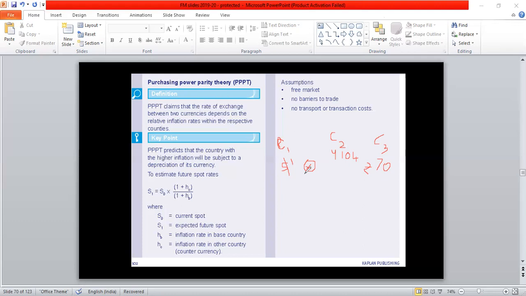exchange rate. Purchasing power parity theory claims that the rate of exchange between two currencies depends on the relative inflation rates within the respective countries. It predicts that the country with the higher inflation rate will be subject to a depreciation of its currency.